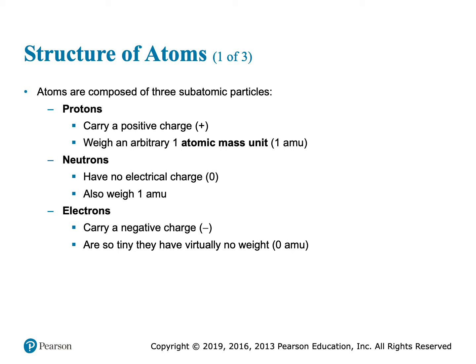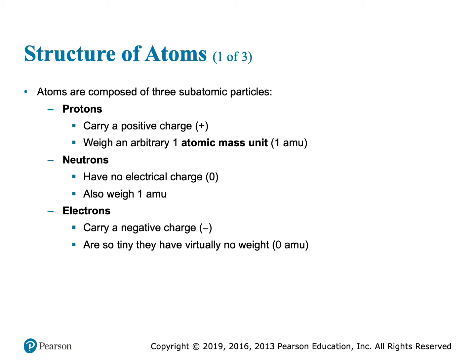So tiny that we don't give them an atomic mass unit. They're just tiny. Now, if you take a chemistry class, you're going to learn a little bit more details about that. Who cares? We're not in a chemistry class. It is a negative charge, and they're zooming around the nucleus.